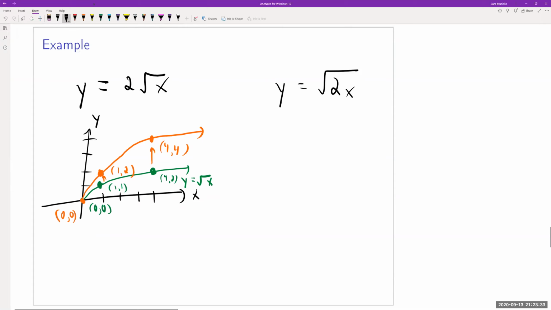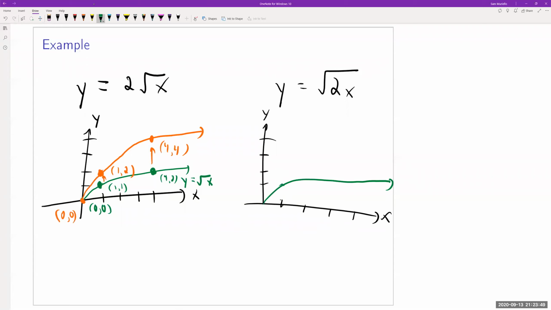For y equals the square root of 2x, let's again compare the original function going through the origin, the point 1, 1, and 4, 2, and we'll compare this function to the square root of 2x.